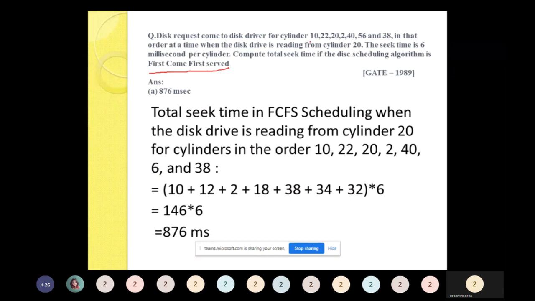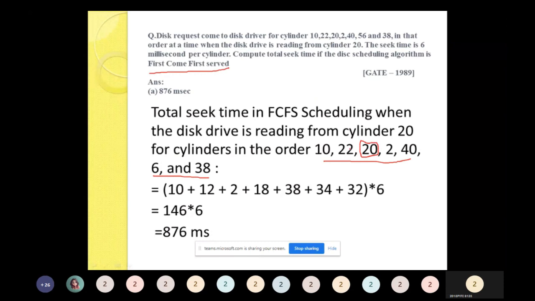The starting cylinder is 20, and my given data is 10, 22, 20, 2, 40, 6, 38. The first is the starting cylinder 20.